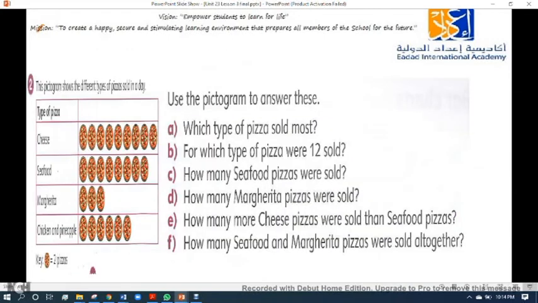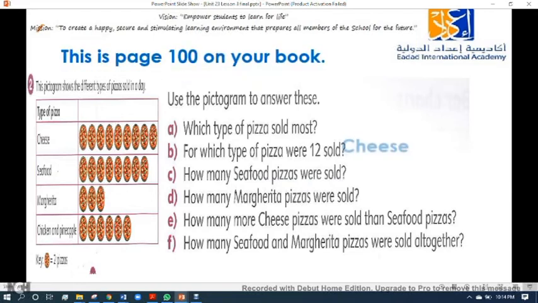Now, let's answer questions about the pizza store. Letter A. Which type of pizza sold most? Most means the biggest number. So, we know that it's cheese. Now, for which type of pizza were 12 sold?